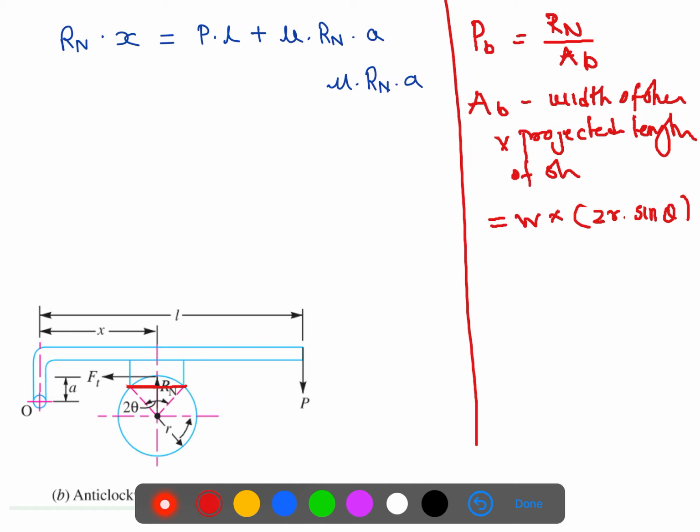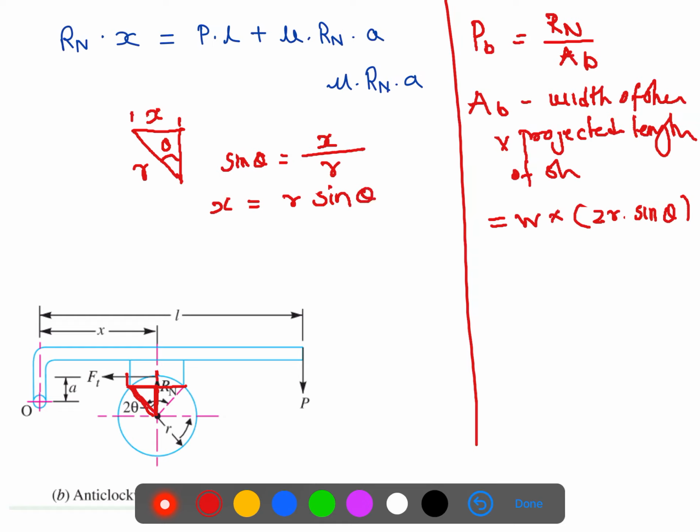Now as this is the projected length, if I consider this particular triangle, so I write down this triangle over here. This is R, this angle is theta, as total angle is 2 theta, this angle I can say theta, okay, and this is the x, length x, which we need to find out. Now as I know, sine theta is equal to opposite x upon hypotenuse R, so I can say x is equal to R sine theta, and for this particular, this is x, and for up to this is 2x.